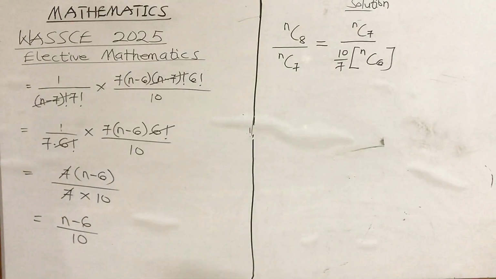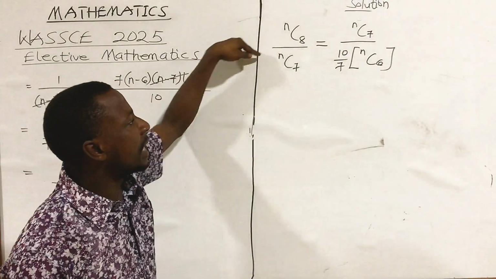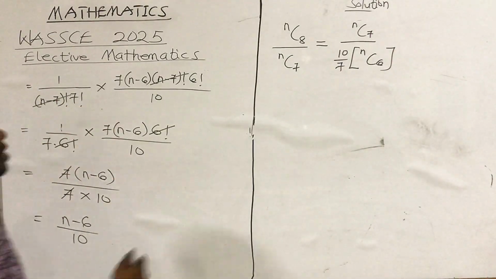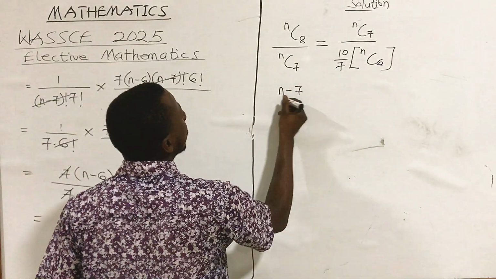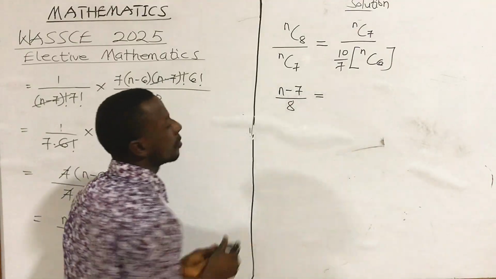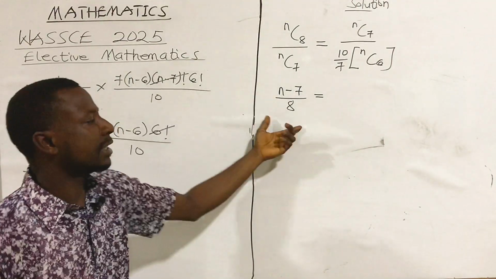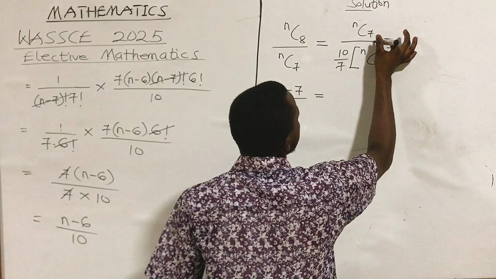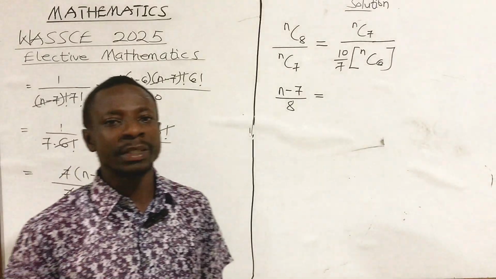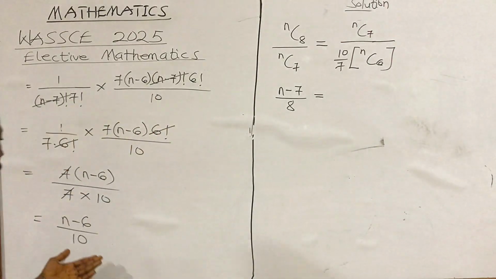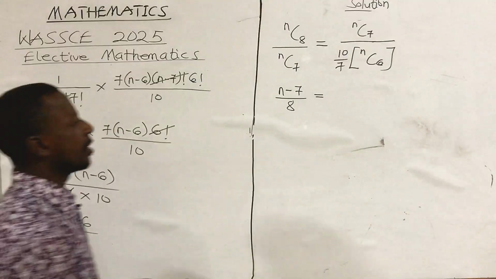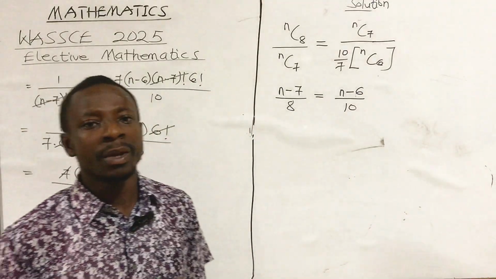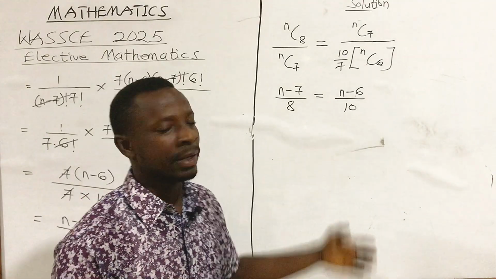And from our calculations, n combination 8 all over n combination 7, we had (n minus 7) all over 8. So this dividing this is what we had. And then n combination 7 all over 10 over 7 multiplying n combination 6, we have (n minus 6) all over 10. So from here we can get the value of n.